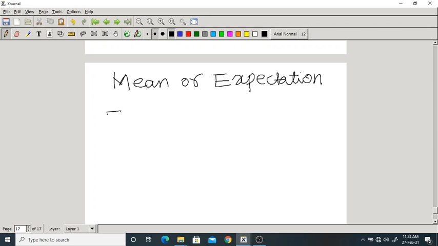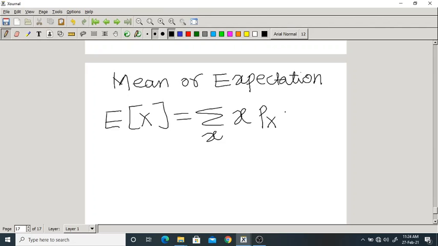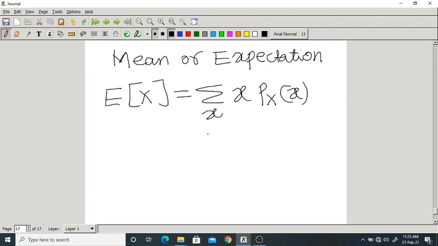That is expectation of X equal to summation over x of x into Px of x. Please make a note of this. Sometimes I will write small x or small k. Don't get confused. Okay, just a variable. x or k, doesn't matter.